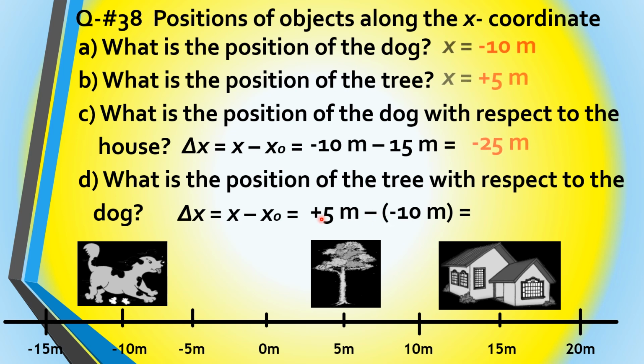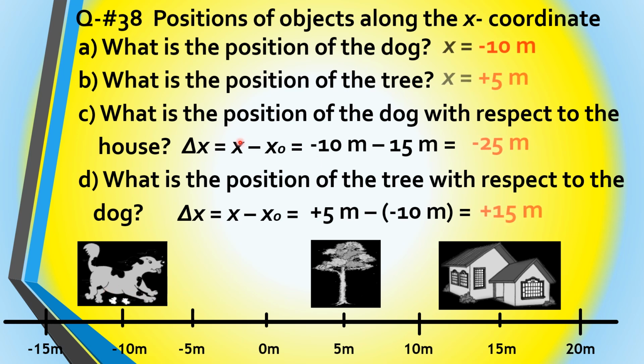When you subtract positive 5 meters minus negative 10 meters, the answer is positive 15 meters. Meaning, the tree is 15 meters east of the dog, right?